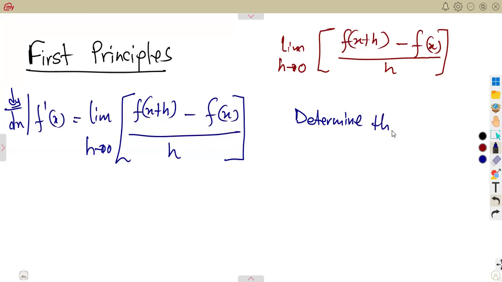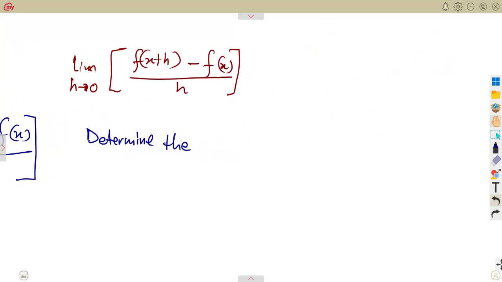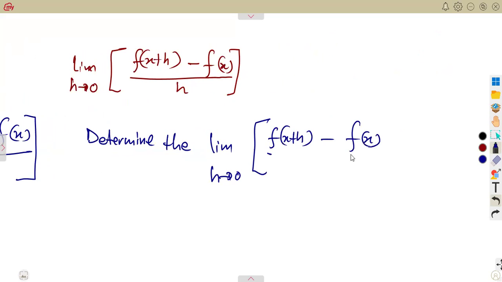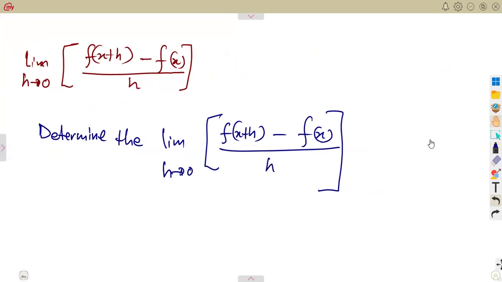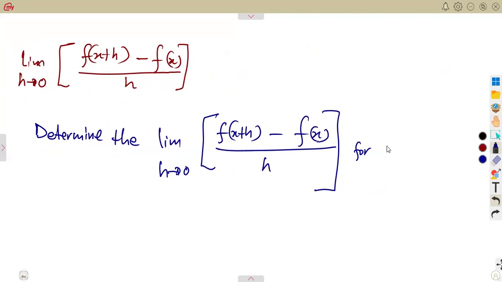Determine the limit, that is the limit of h approximating to 0 of f of x plus h minus f of x over h, for the function f of x is equal to x plus 3. Let's say we are given this.